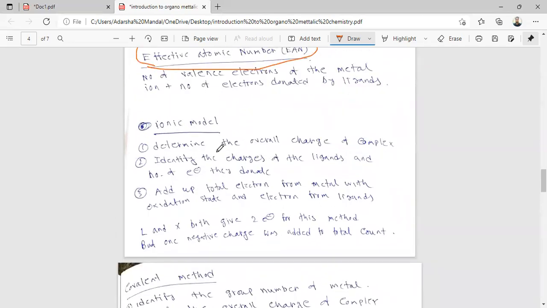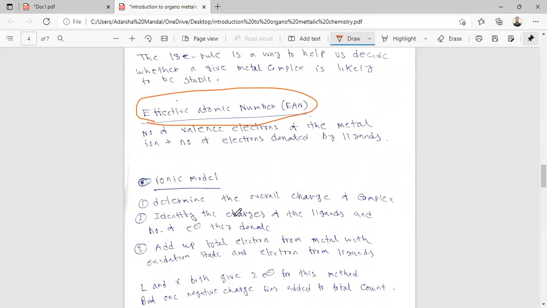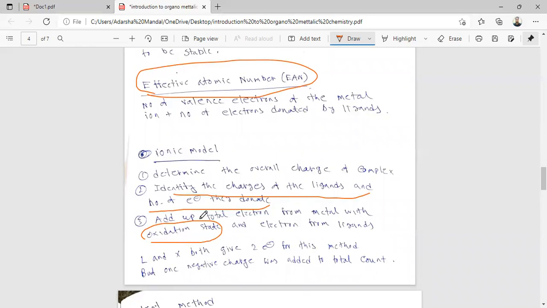In the ionic model, first we have to determine the overall charge of the complex, then the oxidation state of the metal, and then identify the charge of the ligands and the number of electrons they donate to the metal center.